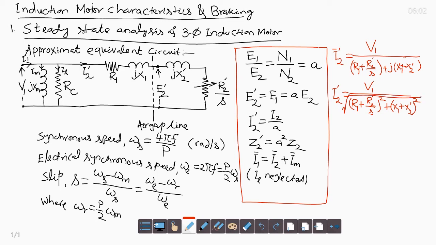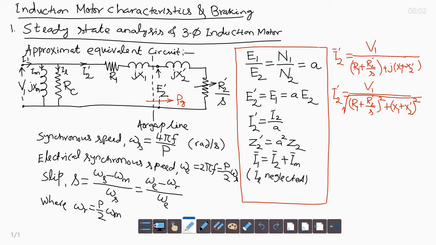Then power is transferred from the stator to the rotor via the air gap, and that power is the air gap power Pg, and in the equivalent circuit this is the power Pg.